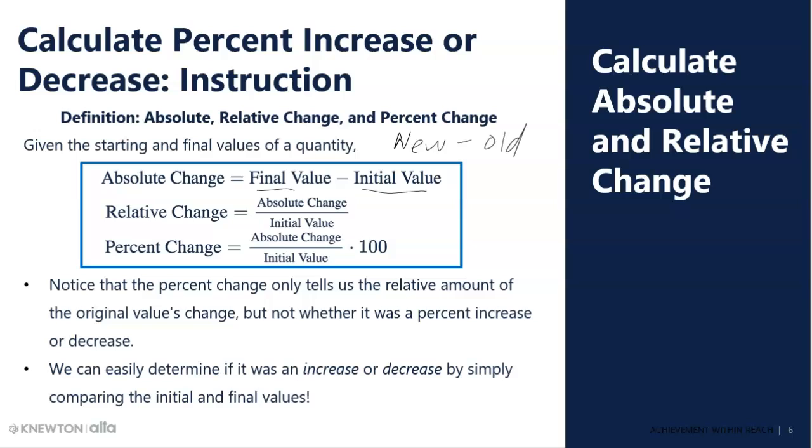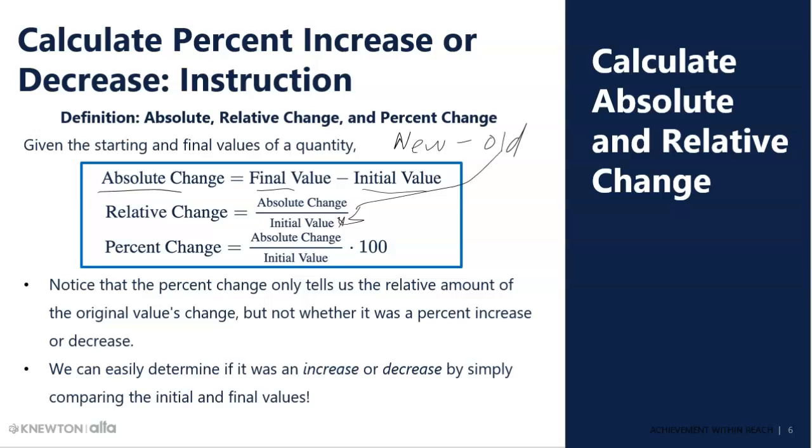So then you find the absolute change, the amount of the change. Then you divide that by the initial or the old. Don't divide it by the new. That's a common mistake. Then you change that number to a percent by multiplying it by 100, because this gives you a relative change. This relative change will be based on the number 1. You want to base it on the number 100 because we tend to compare things in percents.